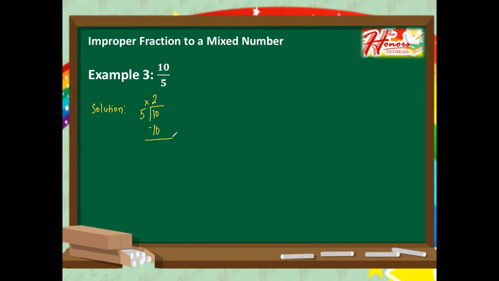Let's subtract. 10 minus 10 is 0. Remember, your quotient will be your whole number. Your remainder will be your numerator. And then your divisor will be your denominator.